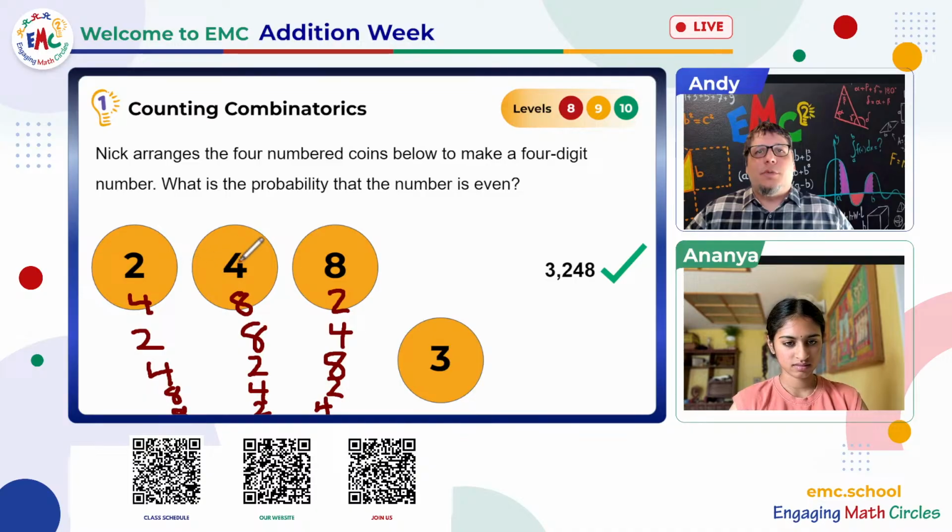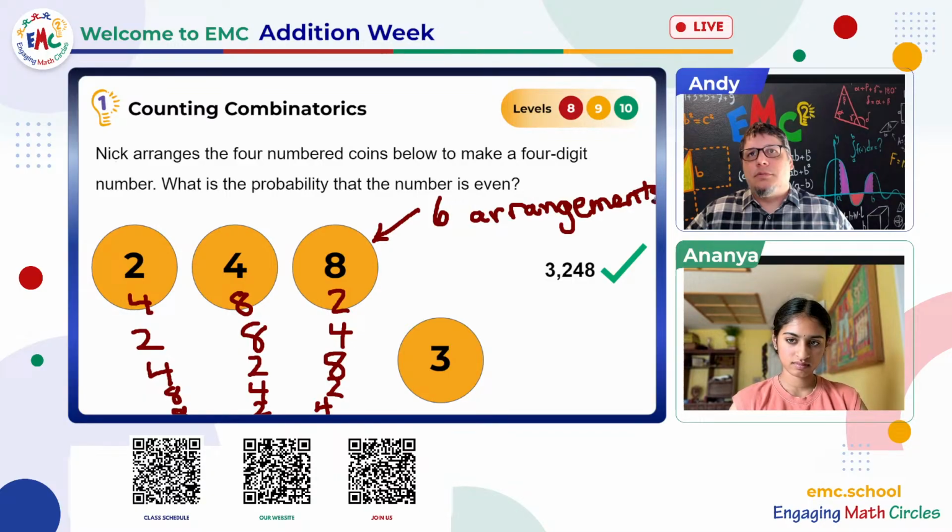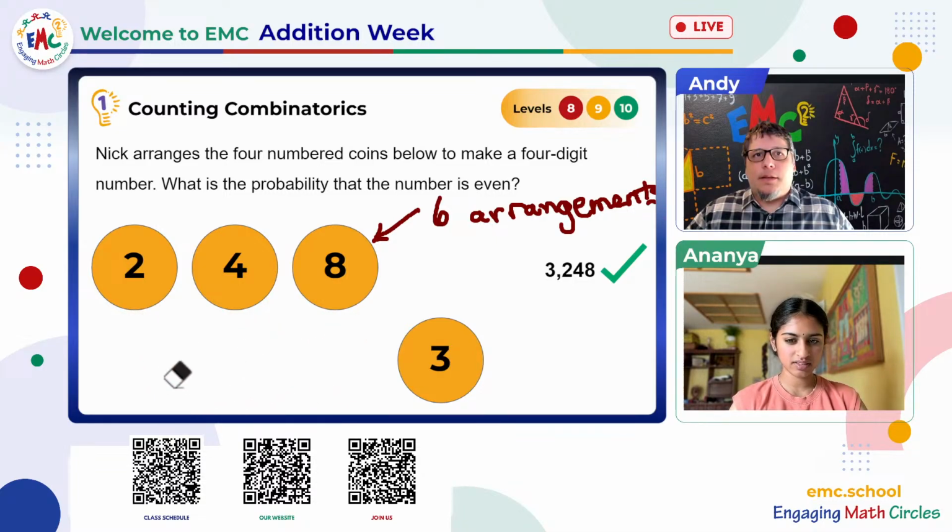So there's 6 ways we can arrange these 3 digits. But we're asked for the probability. So what do I also need to know? How many other ways you can arrange it for it to be even? Yeah. How many total ways can I have made these numbers?